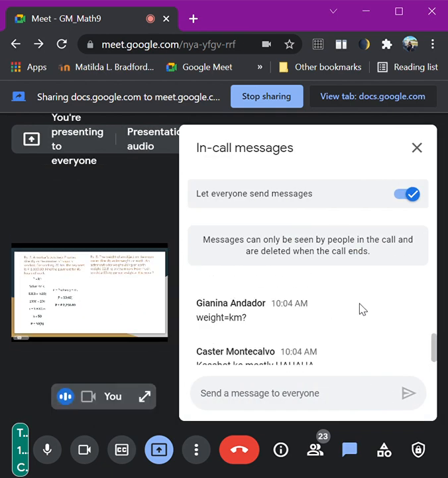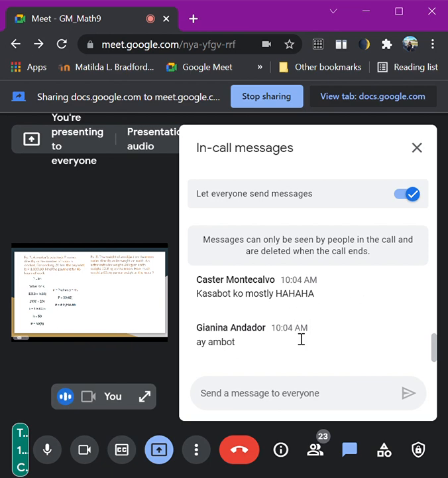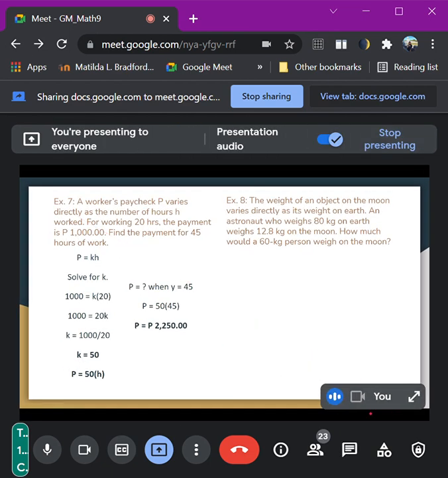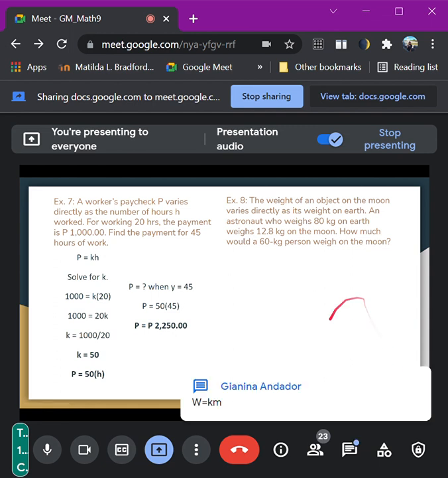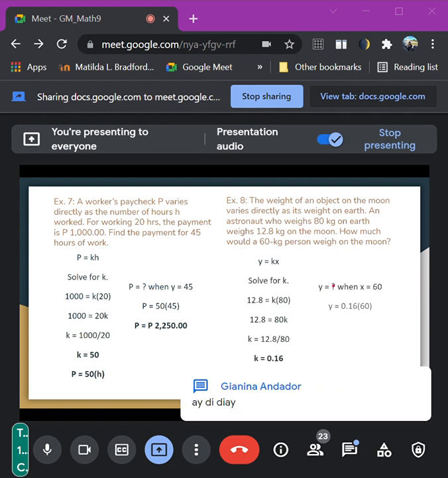You can use another, you can use letters. So you have there y is equals to K times X. K times X should akong gigamit.